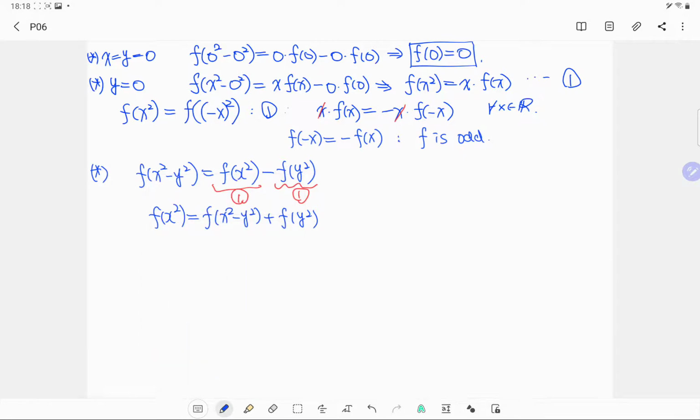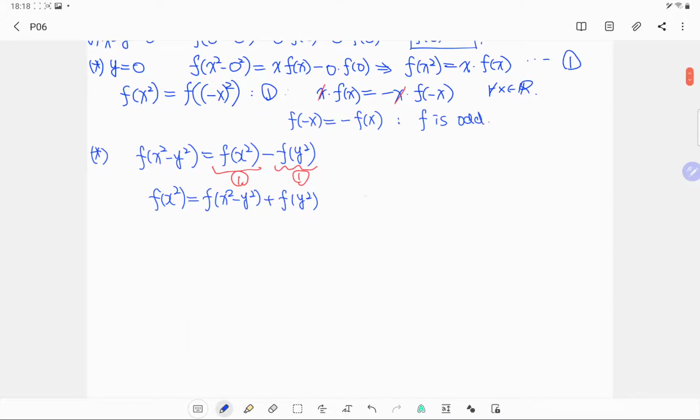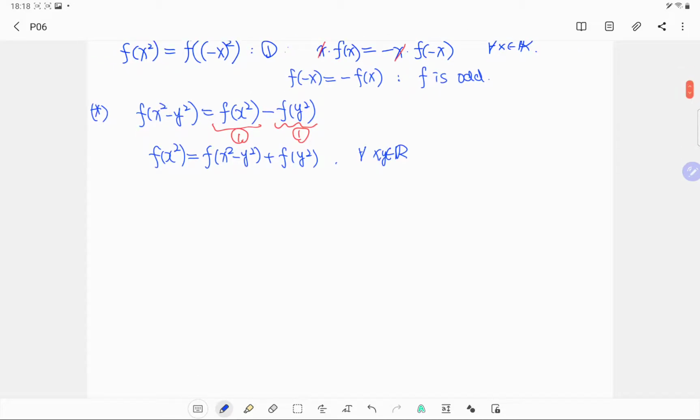So up till now we know that this holds for any arbitrary real numbers x and y. Now we can make a substitution: x to be the square root of a plus b, and for y, we take it to be the square root of b.